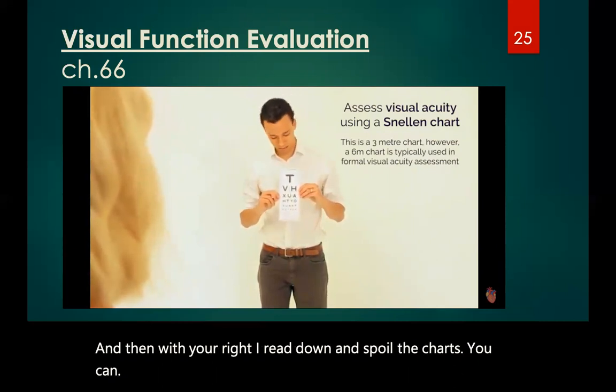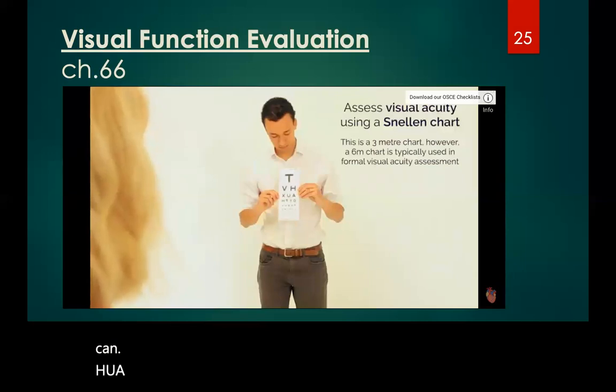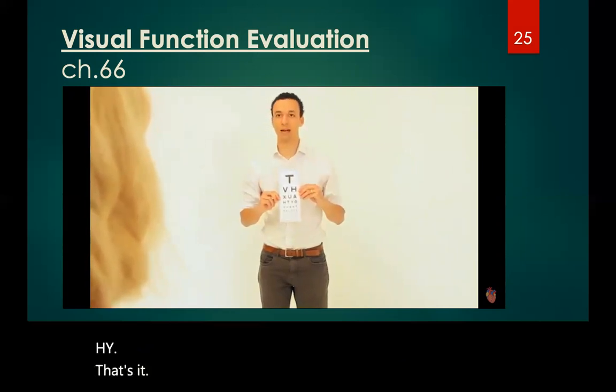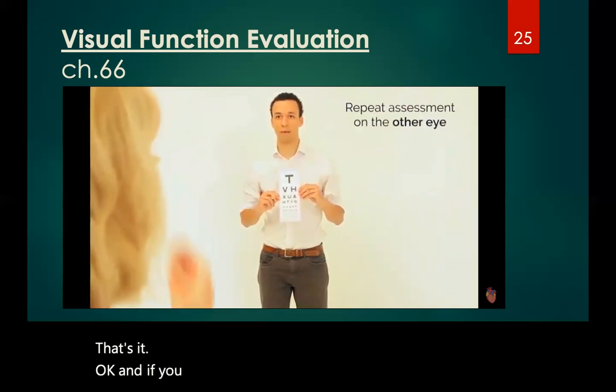E H X U A H T Y O B U A X T H Y X. That's it. Okay, and if you could cover up your other eye for me, please.